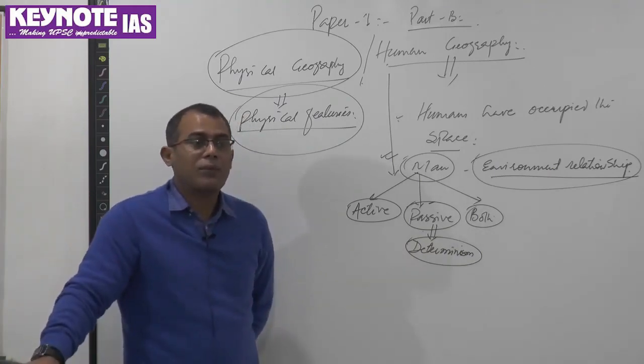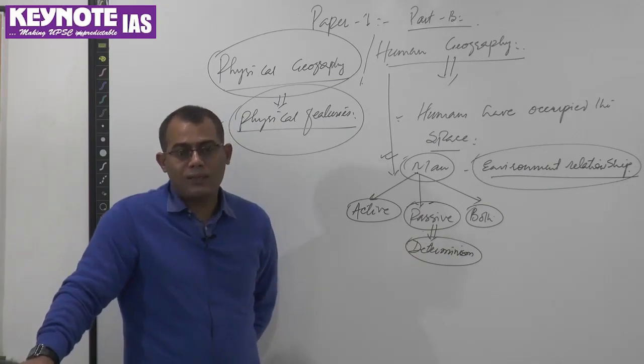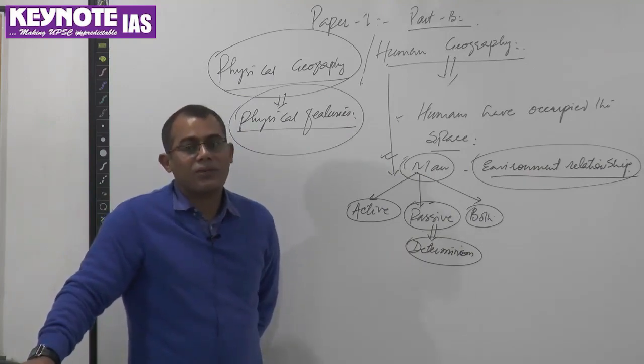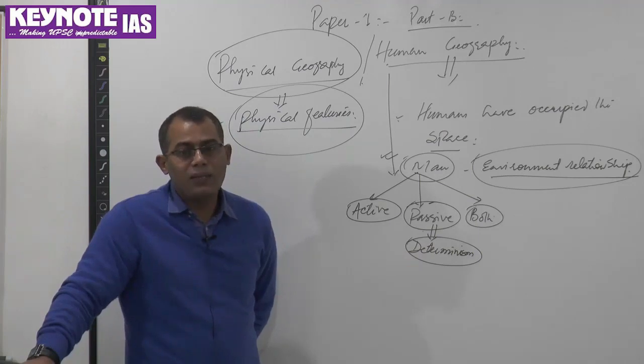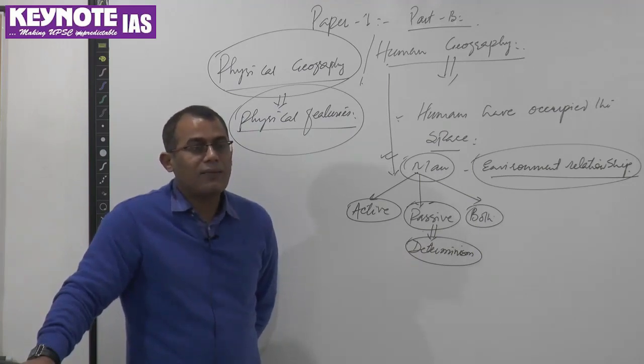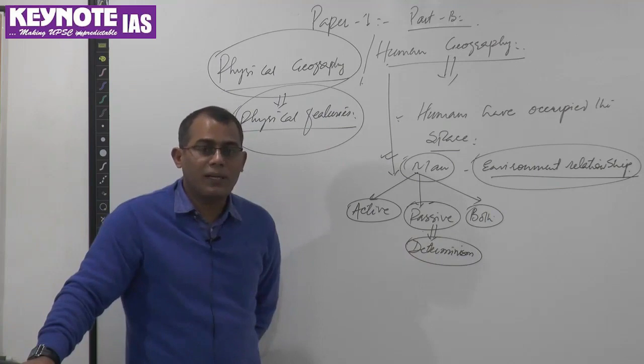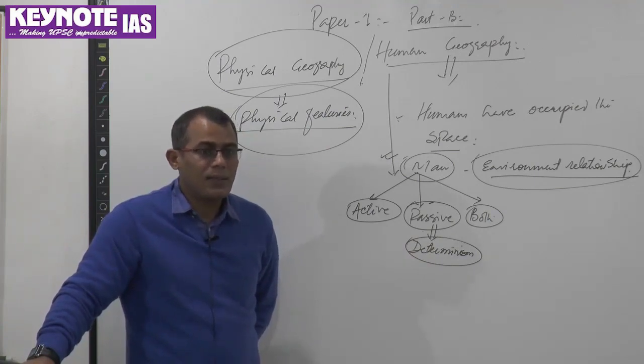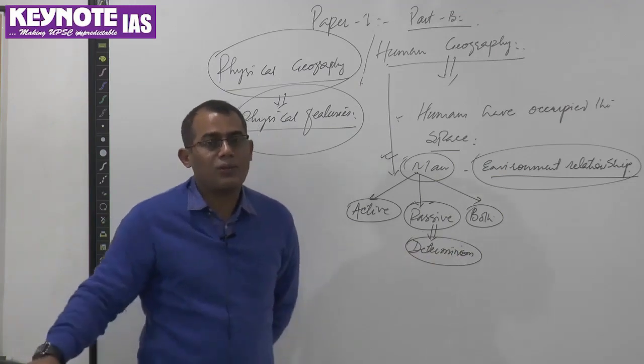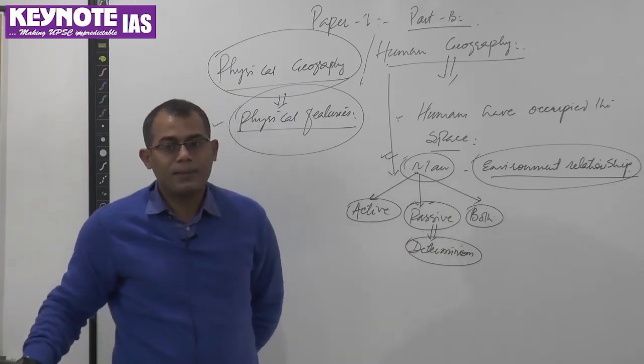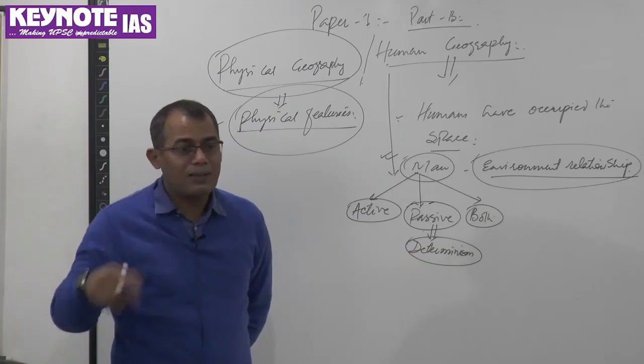For example, the people of ancient times, let's say the Indus Valley civilization, or the Greek civilization, must have been in much harmony with nature, and nature would have been far more dominant as far as human activities are concerned. But if you see 20th or 21st century humans, they are far more active.